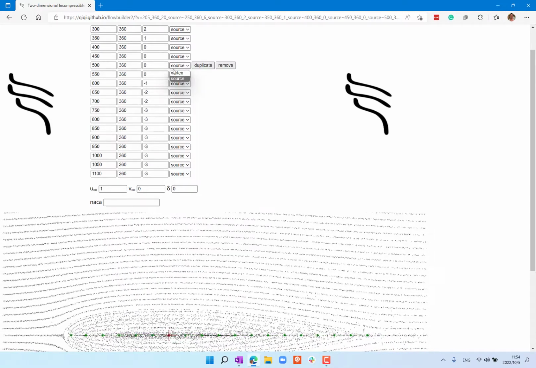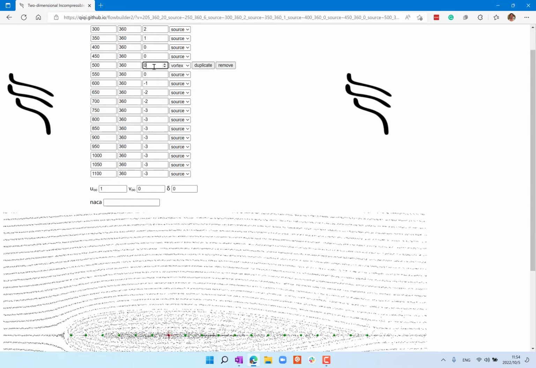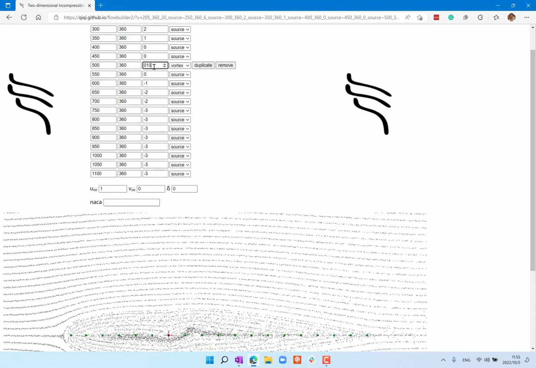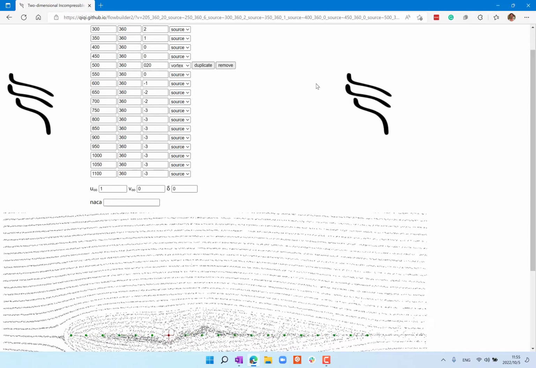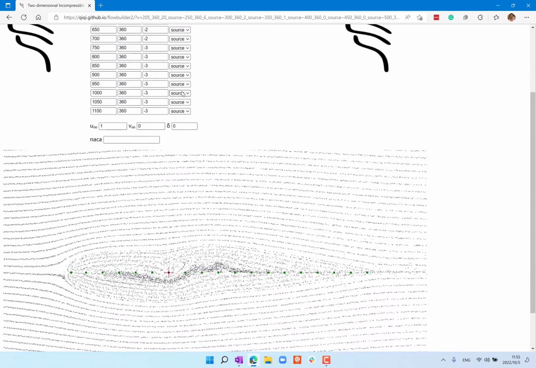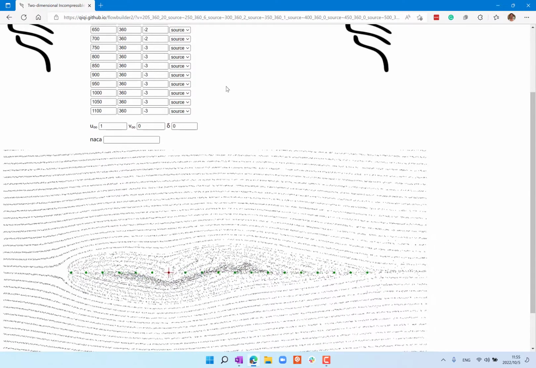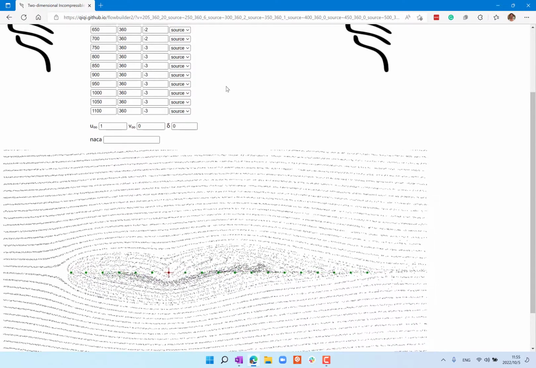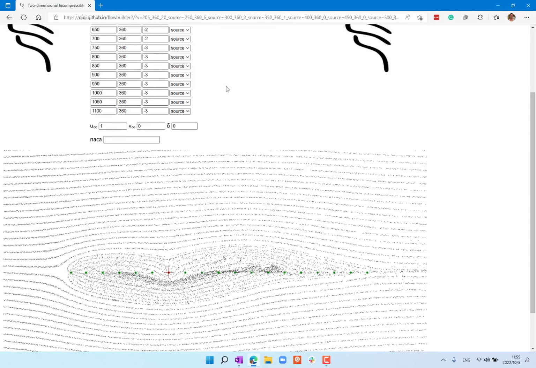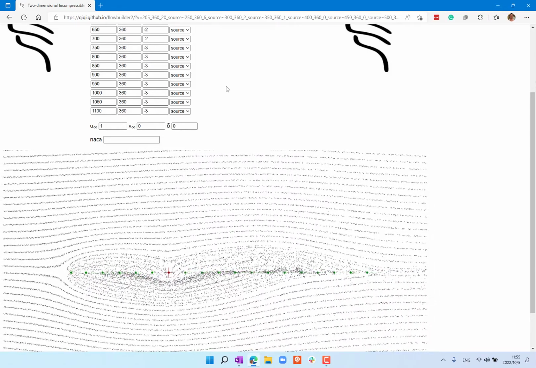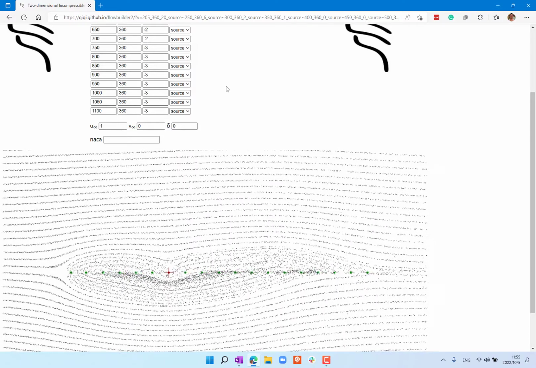Let's change this to a vortex. And make the vortex, I don't want to be too dramatic, maybe a little bit more. Okay, make it 20. What we are going to see is that it changes the pressure distribution almost immediately, right? Because of the rotation, it accelerates the flow below and it decelerates the flow above.